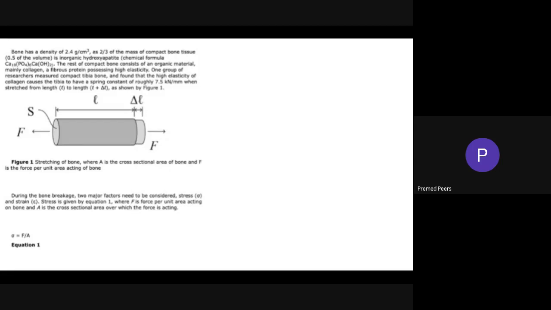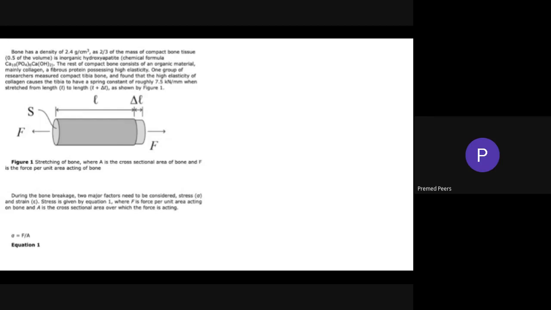Bone has a density of 2.4 grams per centimeter cubed, as 2/3 of the mass of compact bone tissue, which is 0.5 of the volume, is inorganic hydroxyapatite, which has a chemical formula that is listed there.